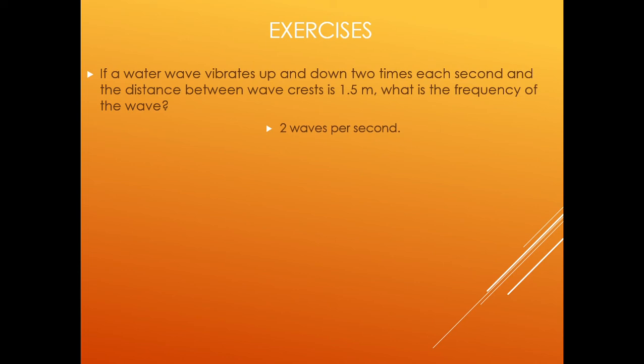Sometimes it's a little bit difficult to find the values, but it will definitely be easier if you have a good concept in your mind about each one of the key terms that we have studied before. We also have: what is the wavelength? Remember, the wavelength is the distance between crests. It says that the distance between wave crests is 1.5 meters.